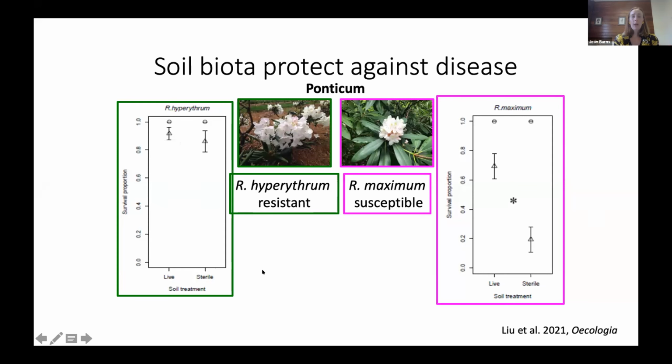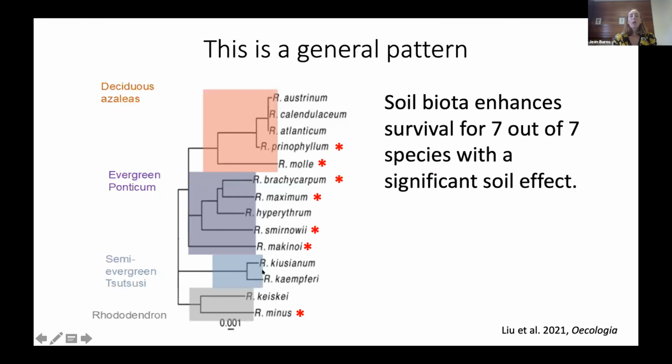So how general was this pattern across the group? The short answer is very general. So every time we saw a significant soil effect, it was in that same direction. So I've highlighted those 7 species with an asterisk here across a phylogeny of those 14 sampled rhododendrons.